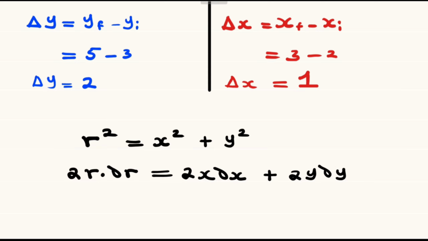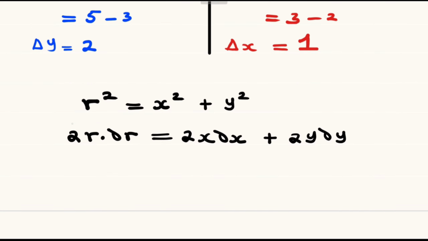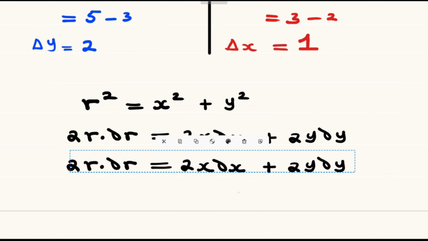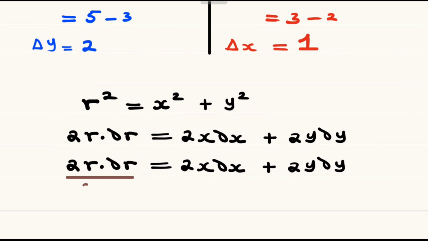Now we want the change in r. So to determine the change in r, we divide both sides of the equation by the 2r so that we can make the partial derivative of r the subject of the formula.